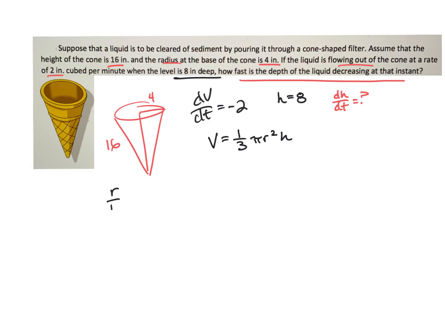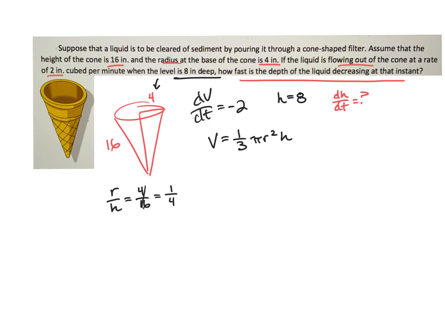And so I'm going to make my proportion. I have a proportion of R over H, which would be equal to 4 over 16. I personally would like to simplify it because I'm going to start using it. What does that simplify to? 1 over 4.